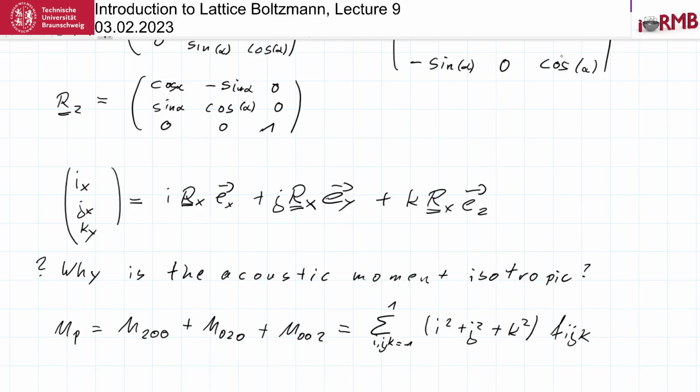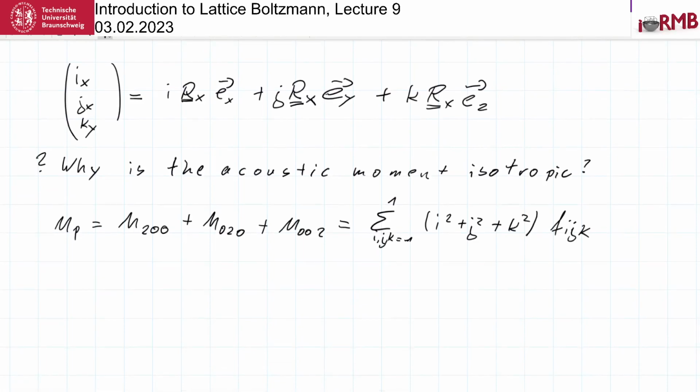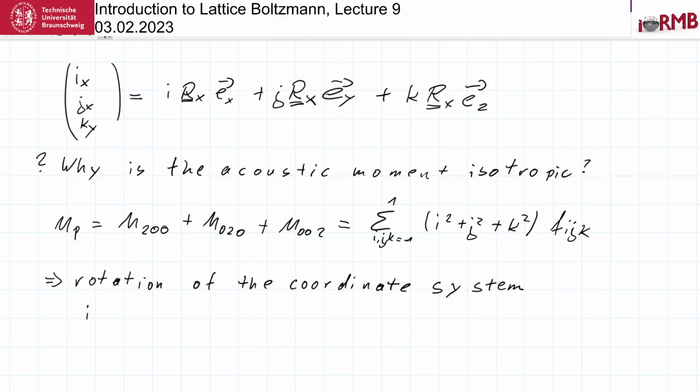So, and now when we rotate the coordinate system, and we do it with any proper rotation matrix, we would have i_r square plus j_r square plus k_r square is equal to i square plus j square plus k square.